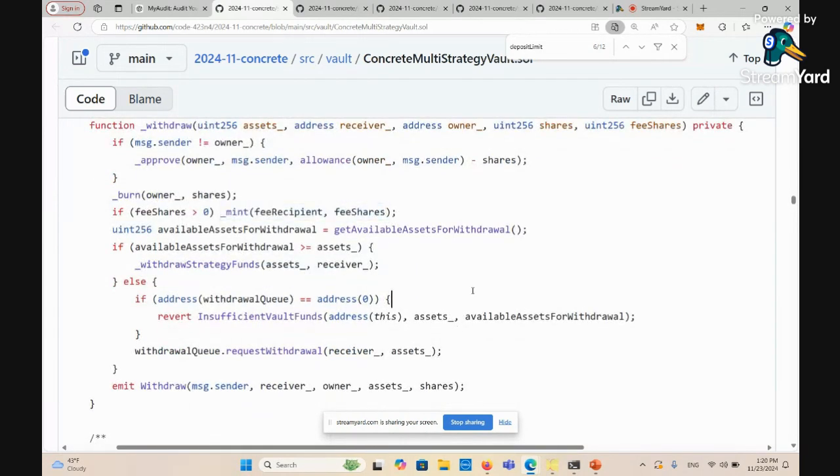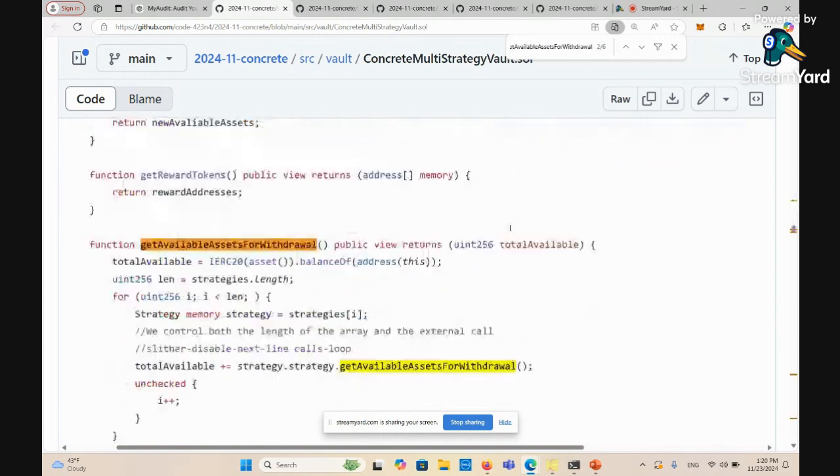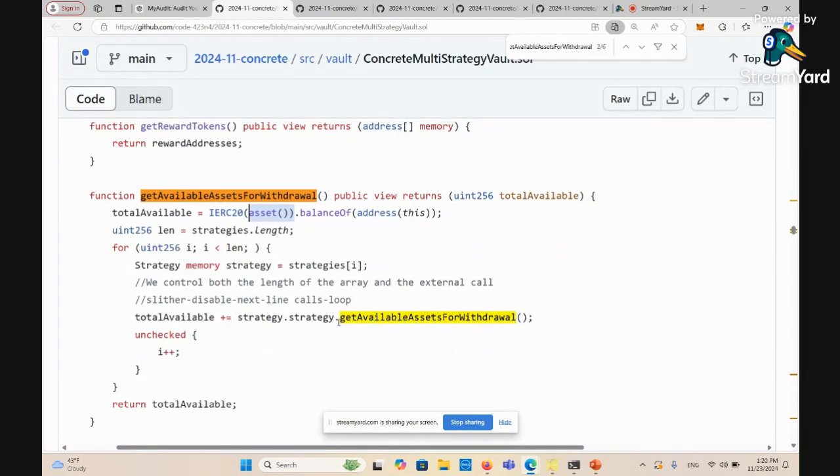Now we're going to do the real withdrawal. The first thing you're going to do is check how much asset is available to withdraw. So let's look at this function. It's easy. You just check the balance of, you have to be careful. You're checking the asset balance, not the share balance. Okay, so the asset balance check. And then in addition, we are going to call a function for every strategy. Every strategy needs to provide an interface called get available asset for withdrawal.